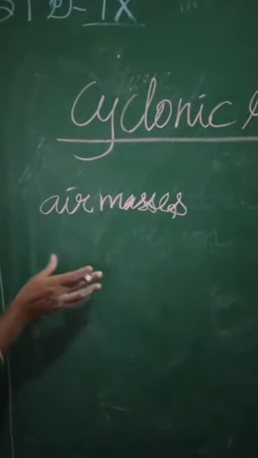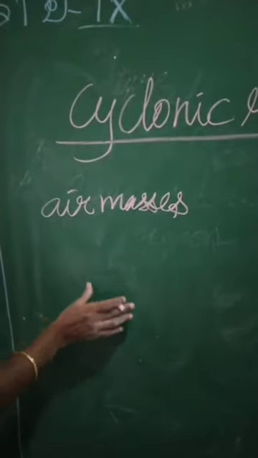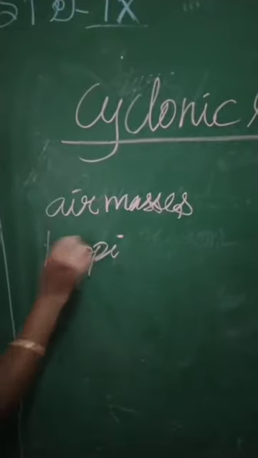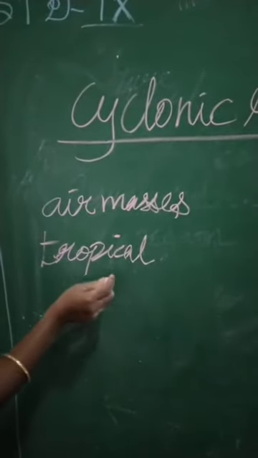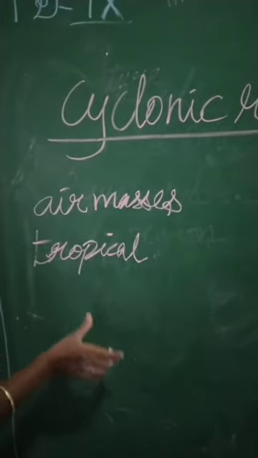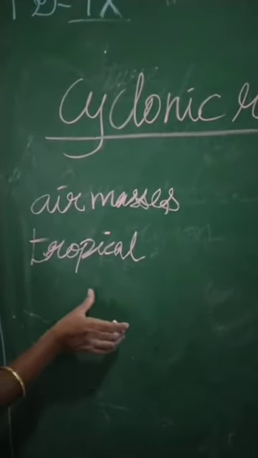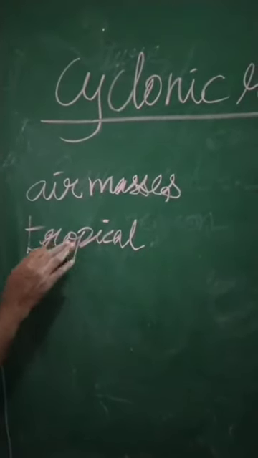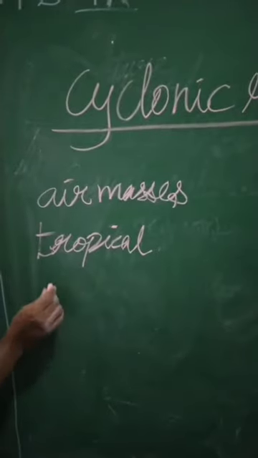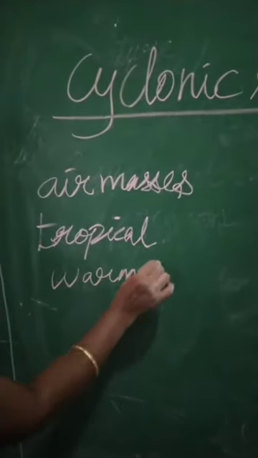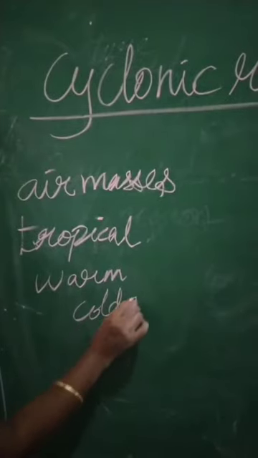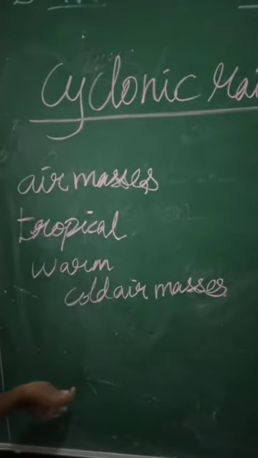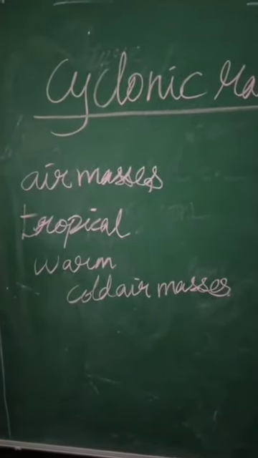Cyclonic rainfall occurs in tropical as well as temperate regions. When warm and cold air masses converge, condensation and precipitation take place on the boundary between warm and cold air masses. This is called frontal rainfall.